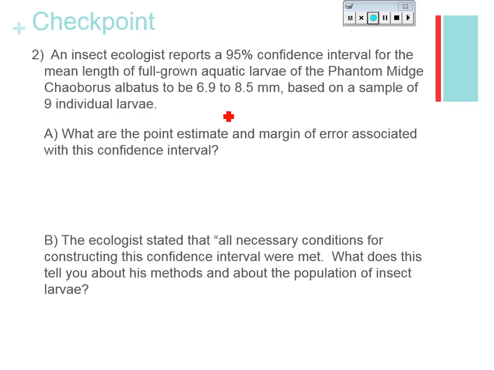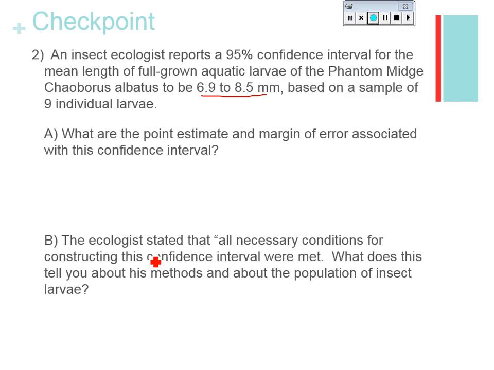So for question 2, it says an insect ecologist reports a 95% confidence interval for the mean length of a full-grown aquatic larvae of the phantom midge Corybus albatus to be 6.9 to 8.5 millimeters based on a sample of 9 individual larvae. And question A says, what are the point estimate and margin of error associated with this confidence interval?